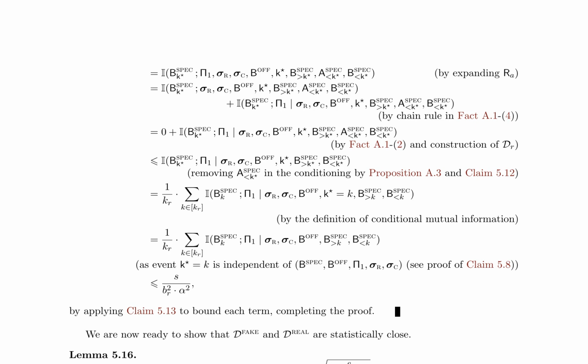They begin by expanding the mutual information term I(B_spec_k*; Π1, Σr, Σc, B_spec_<k*, A_spec_<k*, B_spec_<k*) using the chain rule and factoring out the term I(B_spec_k*; Π1, Σr, Σc, B_spec_<k*, A_spec_<k*, B_spec_<k*). They then apply proposition A.3 and claim 5.12.